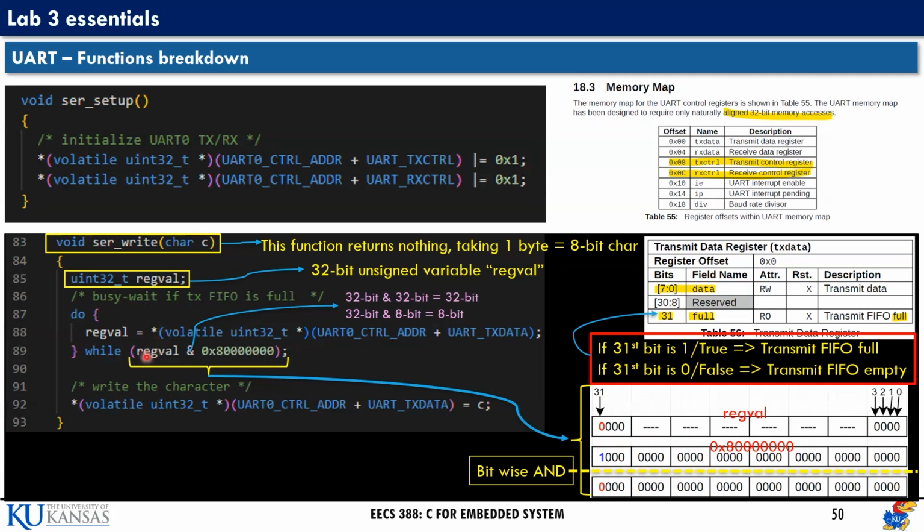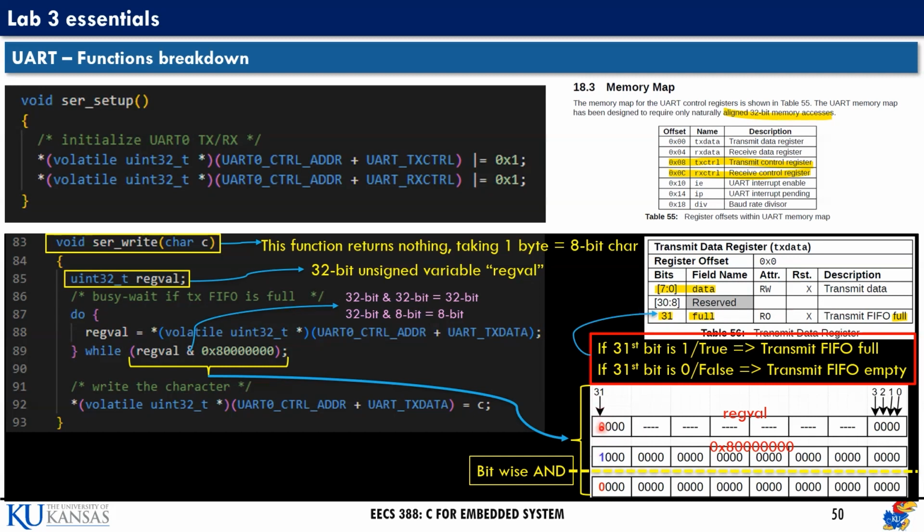So this while loop will immediately break if there is no data to transmit, and it will receive 1 if the FIFO is full. Once we send data to this data field, we will observe that the 31st bit value is going to be 1.